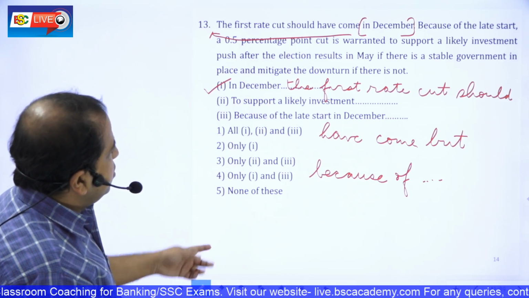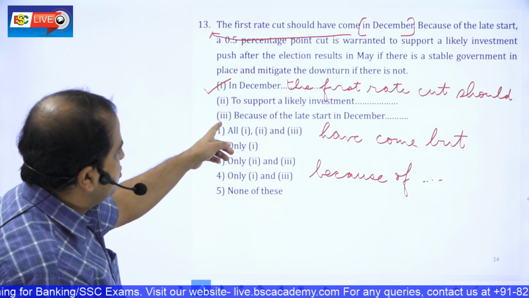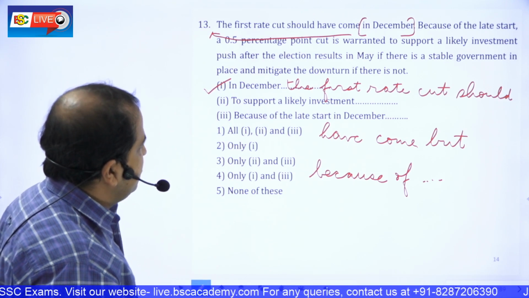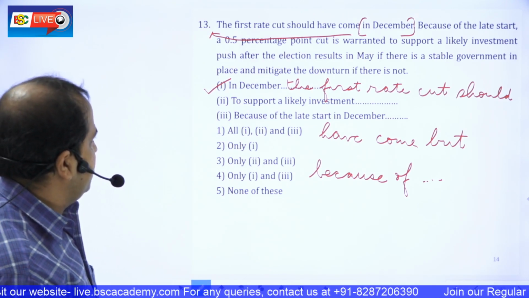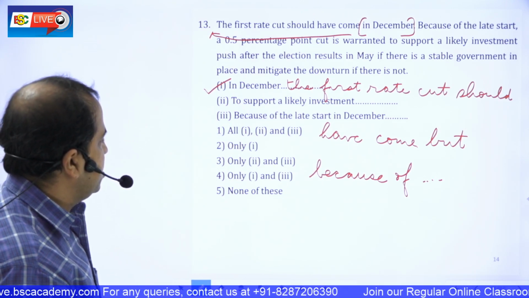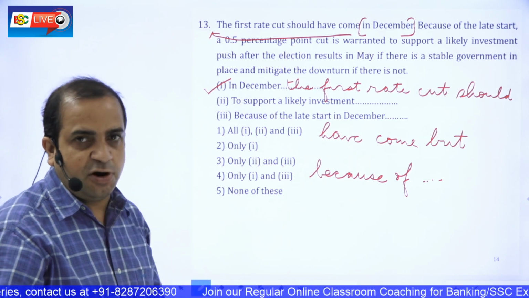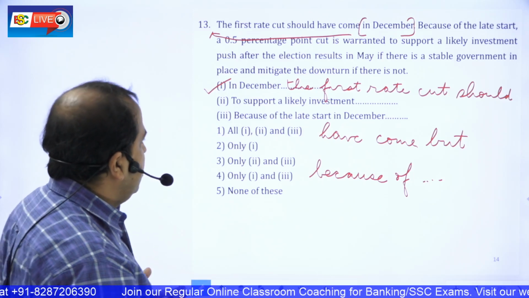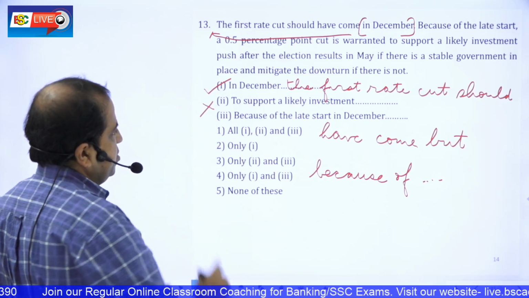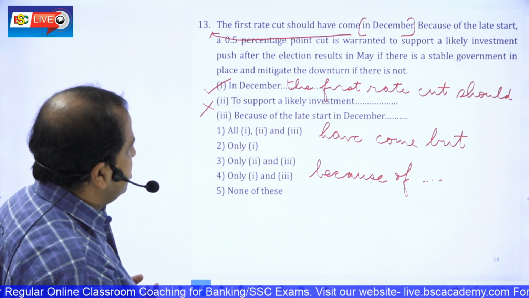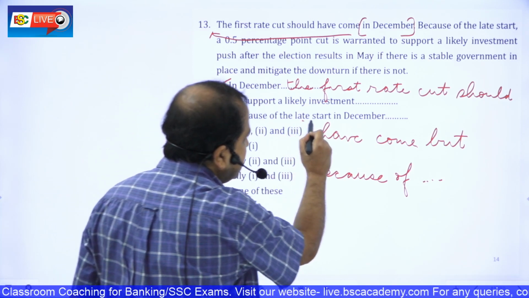Now, to support a likely investment, if we start from to support a likely investment, what can we do? To support a likely investment, a 0.5 percentage point cut is warranted. वहाँ तक तो ठीक है, but after that we lose the plot. उसके आगे कहाँ जाए? So this cannot be the answer. Now, because of the late start in December, now this is confusing things.